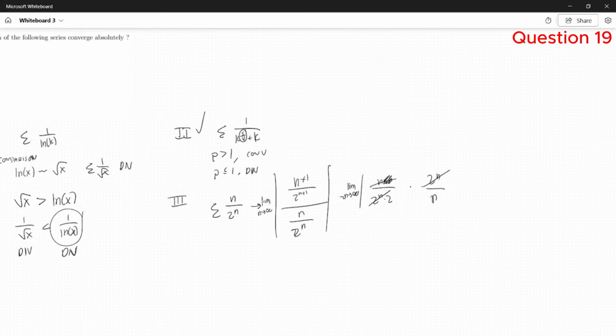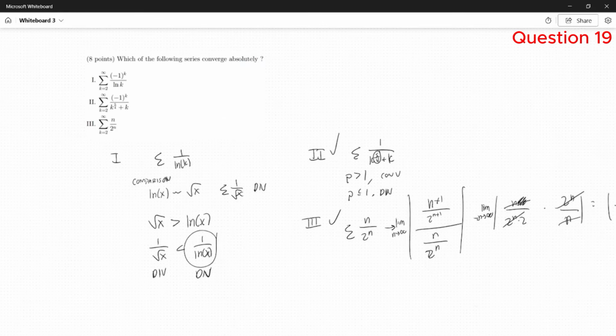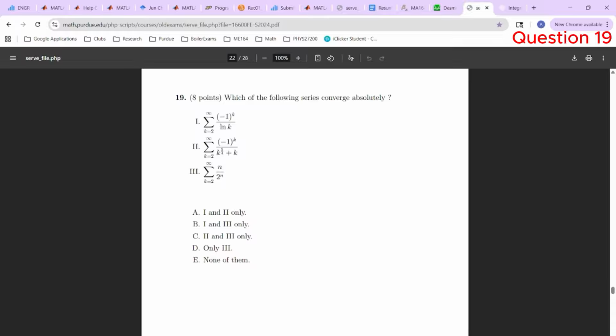Then n cancels with n, and we are left with 1/2 to be the ratio between each succeeding term and its previous. Because the ratio is less than 1, we know that the series must converge absolutely, and thus this series also gets a check mark from us. And thus, we have our answer to this problem, C, 2 and 3 only.